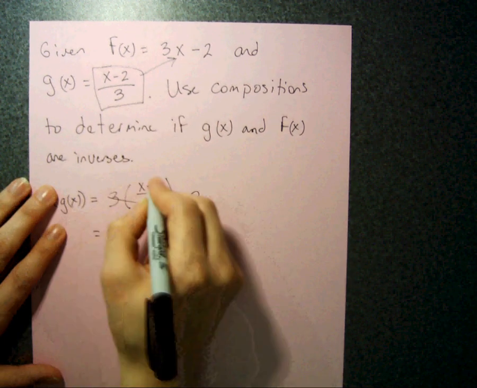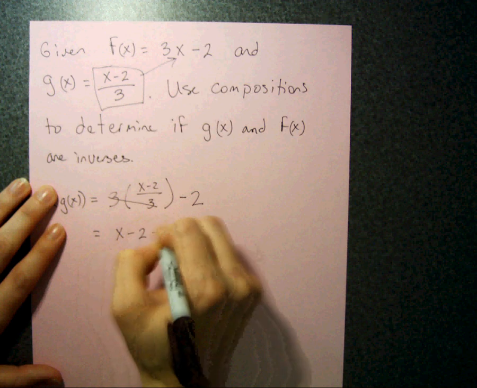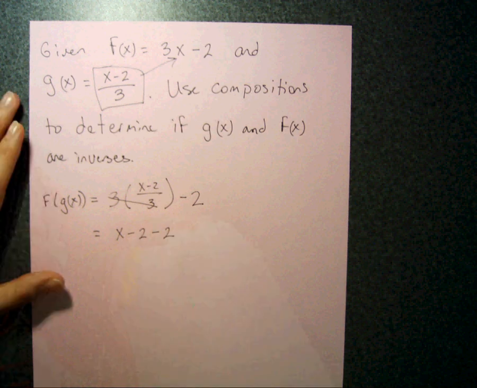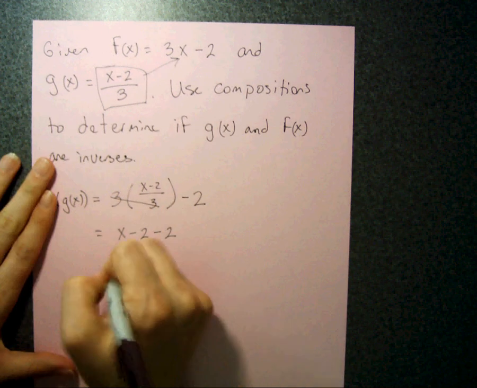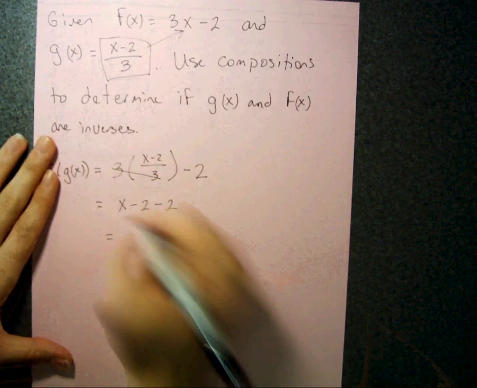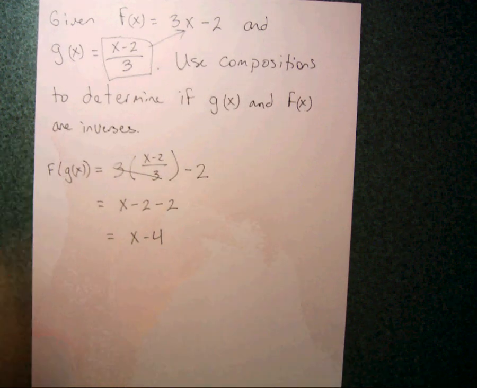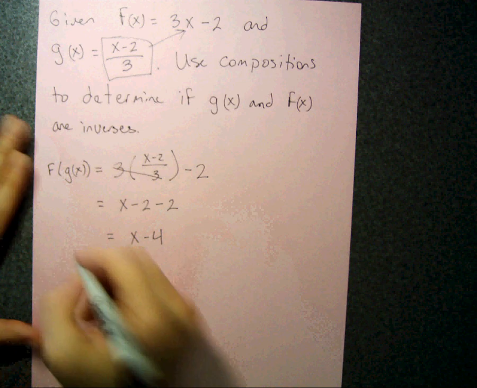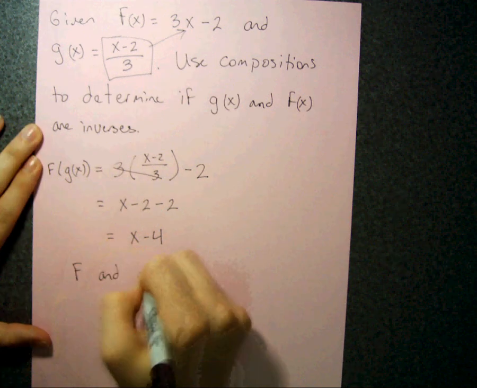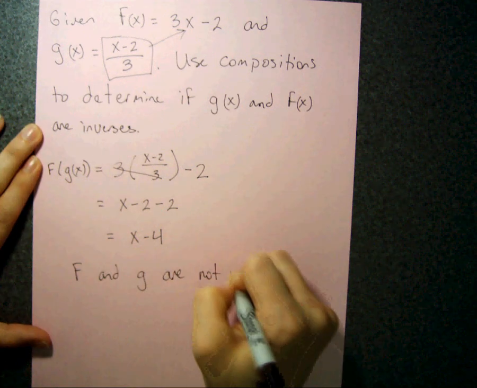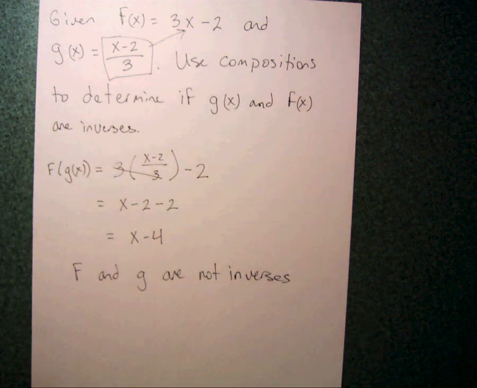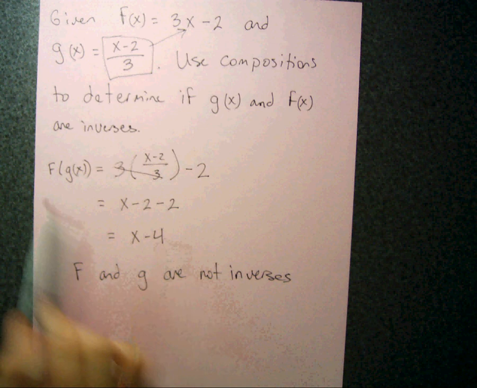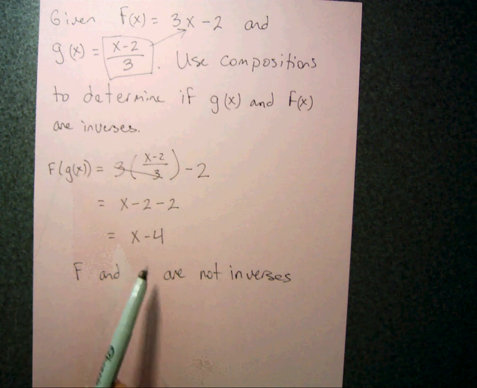And so I end up with just x minus 2 minus 2. Now what? Combine like terms, right? I have negative 2 minus 2, which gives me what? x minus 4. I did not get just plain x. And so I know that f and g are not inverses. I don't even have to go any further. It doesn't matter what g of f gives me. I know that f and g are not inverses because f of g of x is not just x. Okay? We good? All right.